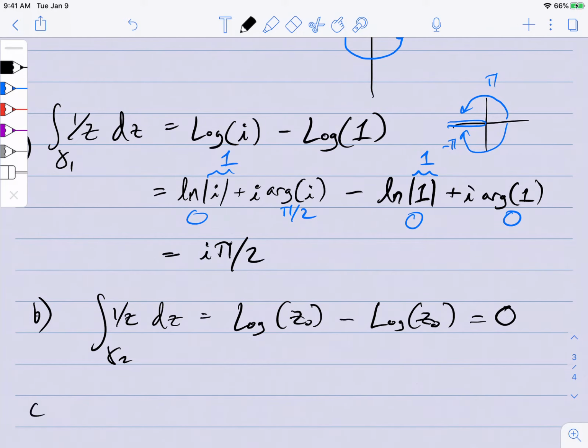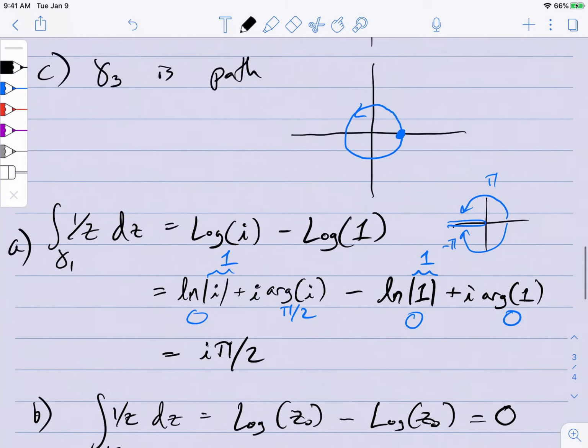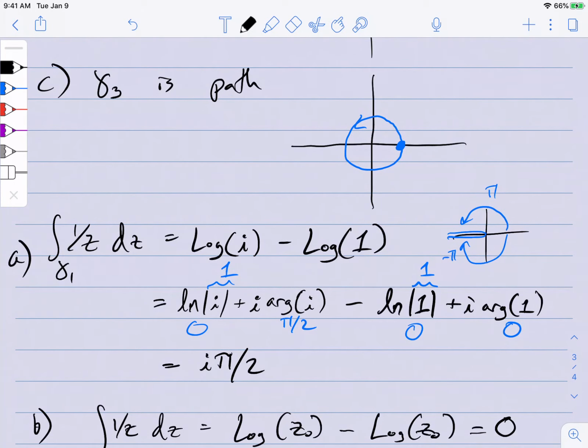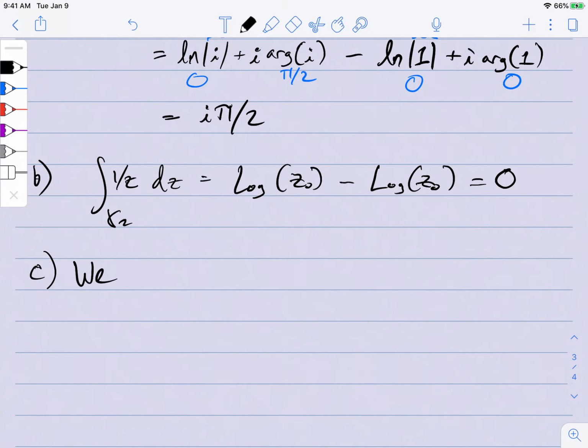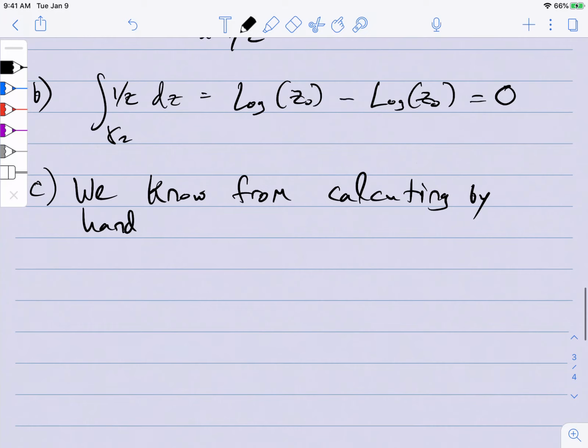And then you might think part C is similar, or you may have realized already that it's not the same, because we know from class where we calculated by hand using the definition of a path integral that the integral of 1 over z over the unit circle path is equal to 2 pi i.